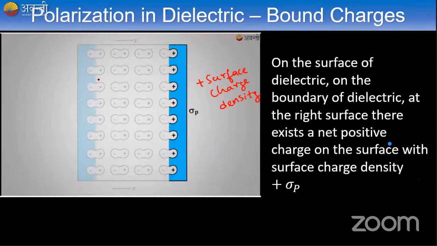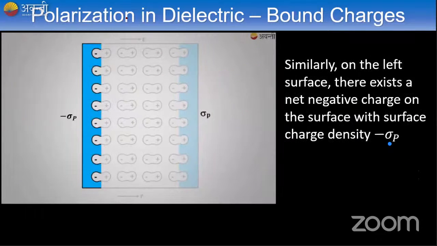The net positive charges on the right are not neutralized by any negative charge, and on the left side, the net negative charges are not neutralized by any positive charge. So there exists a net negative surface charge density on the left surface, given by minus sigma p. Why is there a minus? Since it's a negative charge, we have minus sigma p. We'll learn how it's negative sigma p.